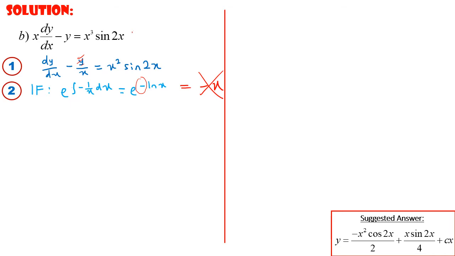To solve this problem, we bring the negative inside as a power. So e^(ln x) to the power of negative 1, and then we can cancel out e and ln. We'll get x to the power of negative 1, which is 1 over x. So 1 over x will be our integrating factor for this question.